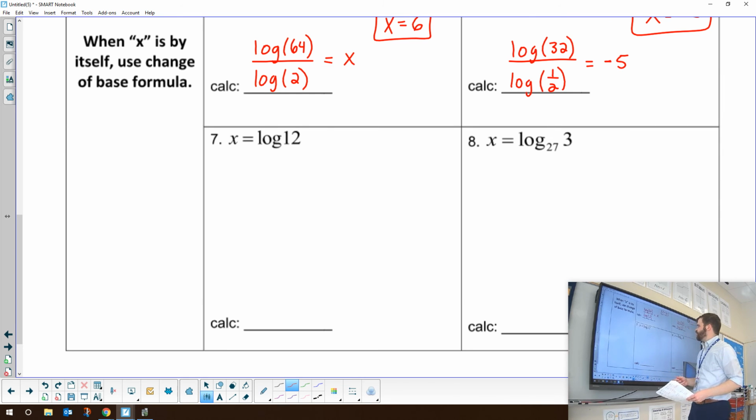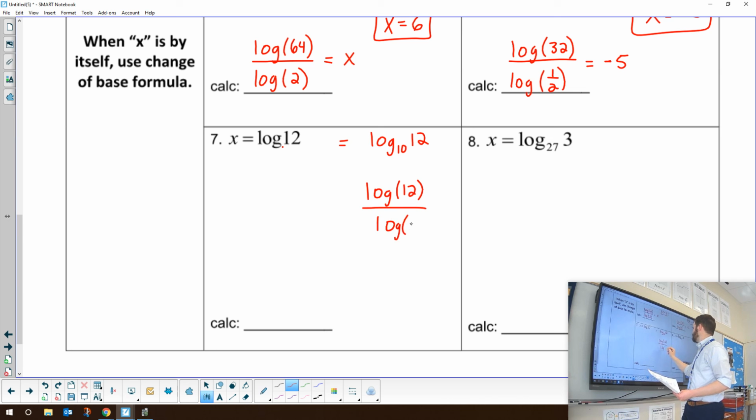This one, you'll notice we're missing a base. There's two things that we can do here. We know what happens when we're missing a base: that equals log base 10 of 12. So we can work this out as log of 12 over log of 10.